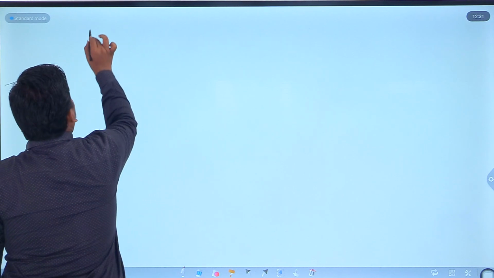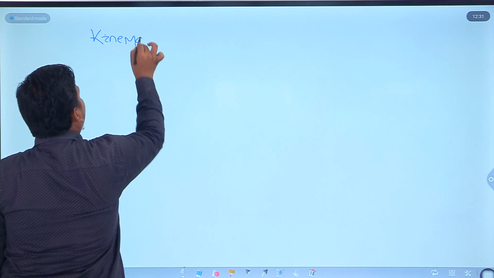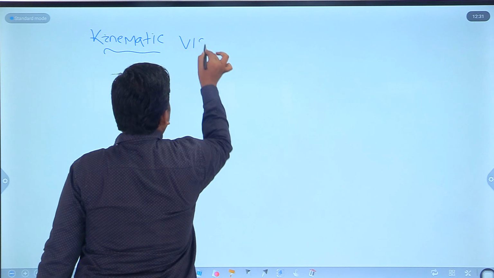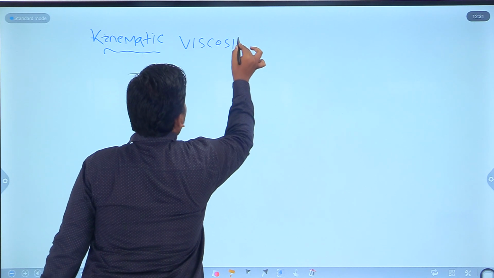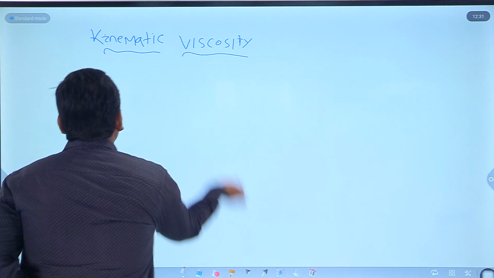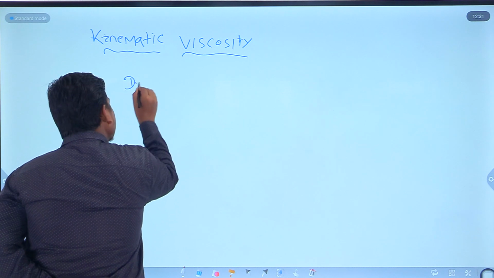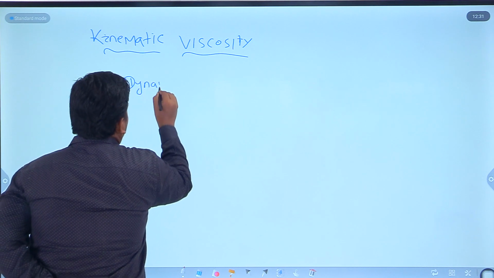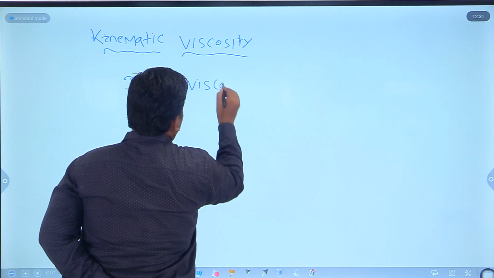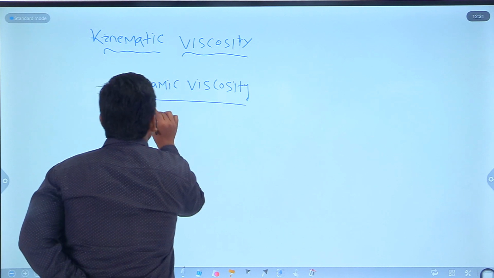Then comes kinematic viscosity. What is kinematic viscosity? It is the ratio between dynamic viscosity to the density of the fluid.